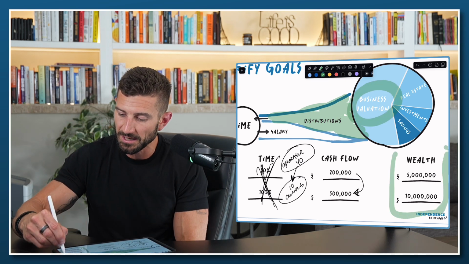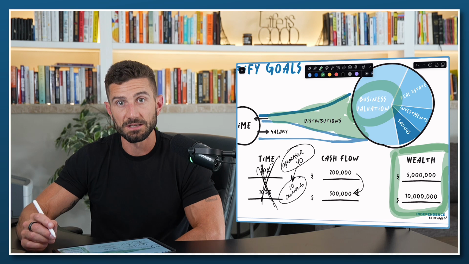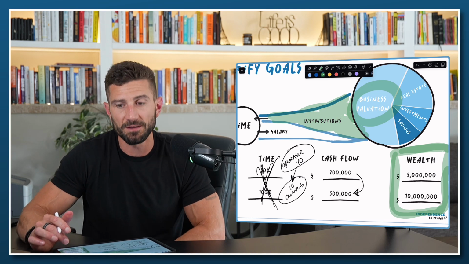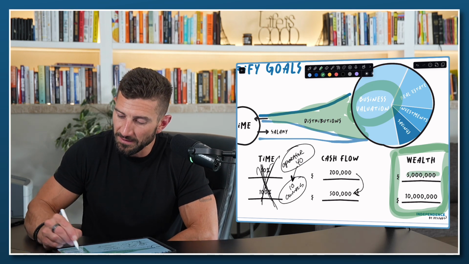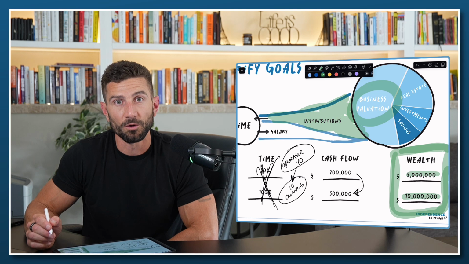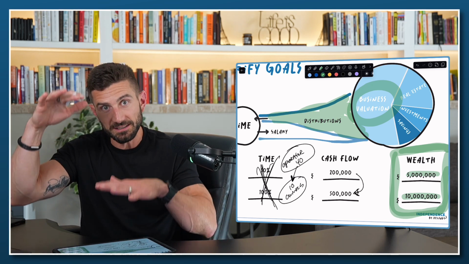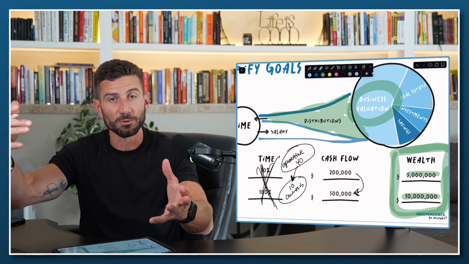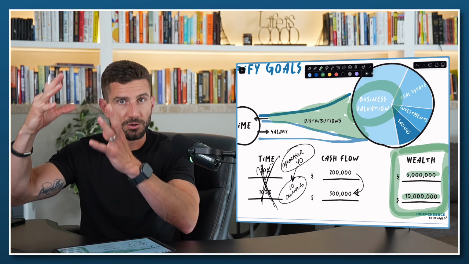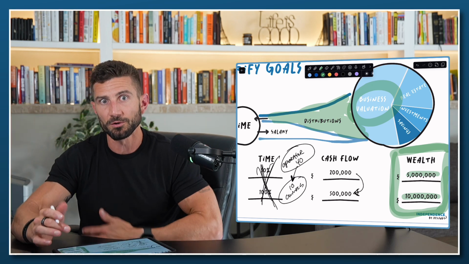And now we can start to isolate, based on these three lenses, how do I go from $5 million to $10 million in net worth? Well, the business is going to be our bridge to get there. We can start to connect the dots to say, what do we need to do to reduce that discount rate, to increase the multiple, and what will the company be worth in 2030?